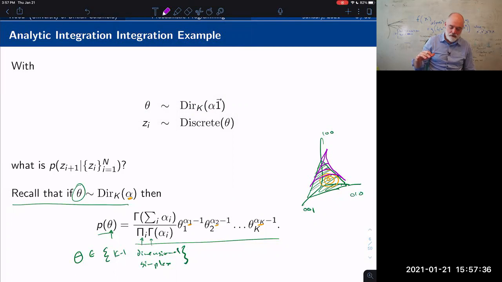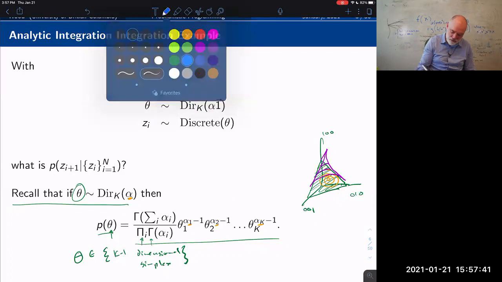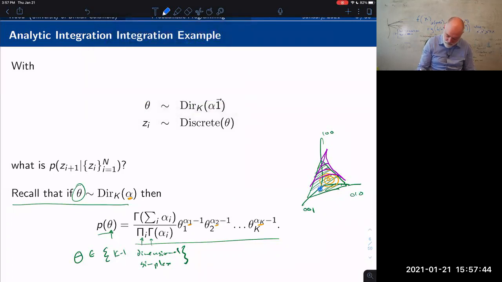And there's the concentration, how peaky the distribution is. You can have a very narrow, peaky distribution. The variance of theta, I don't remember the proportionality, so this is wiffly waffly, is proportional in some way to the magnitude of the alpha vector.